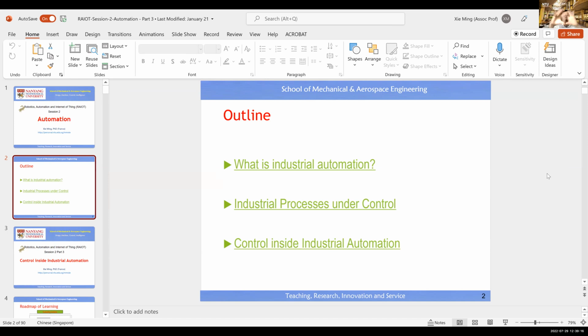Once we have a control system, we have an automation system. Once we have an automation system, we have an advanced manufacturing system. So now you have a good understanding of industrial automation, because inside industrial automation we have automatic control systems for motion, temperature, and force.